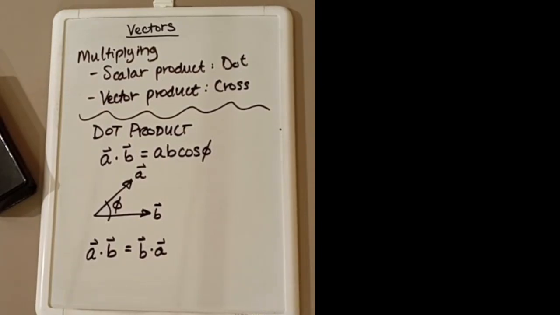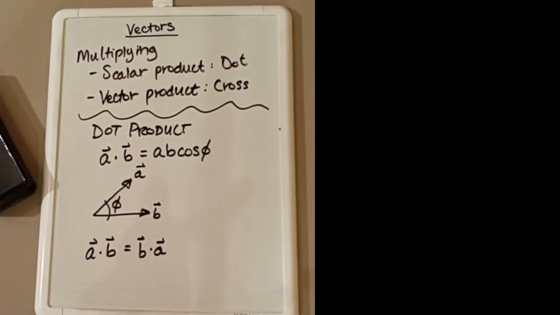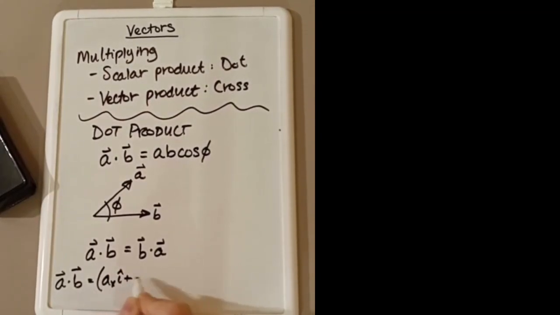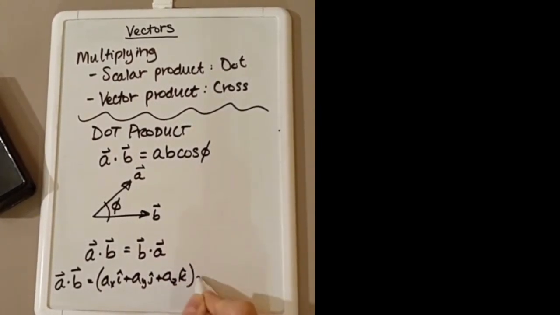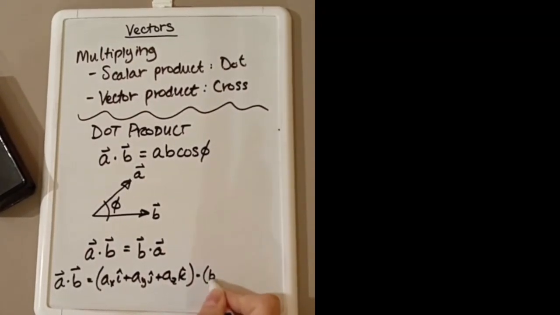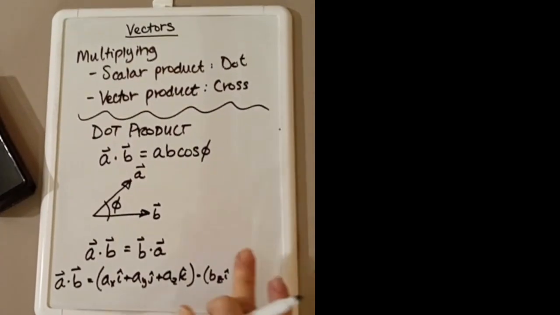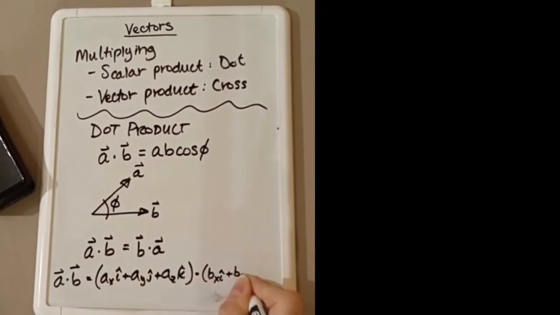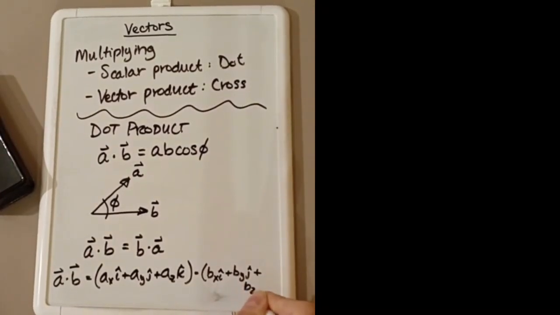So I think that's it. If you want to write it using unit vector notation, you can write A dot B is equal to, we're going to take all of A the way we wrote it, with Ax i hat plus Ay j hat plus Az k hat, dot our B vector, which would be the same thing: Bx i hat plus By j hat plus Bz k hat.